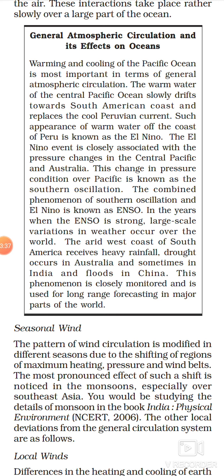The Pacific is mostly found in the southern hemisphere only, so that's the name given, the Southern Oscillation, and the combined phenomena of the Southern Oscillation and El Nino, as we stated just before, is called ENSO.